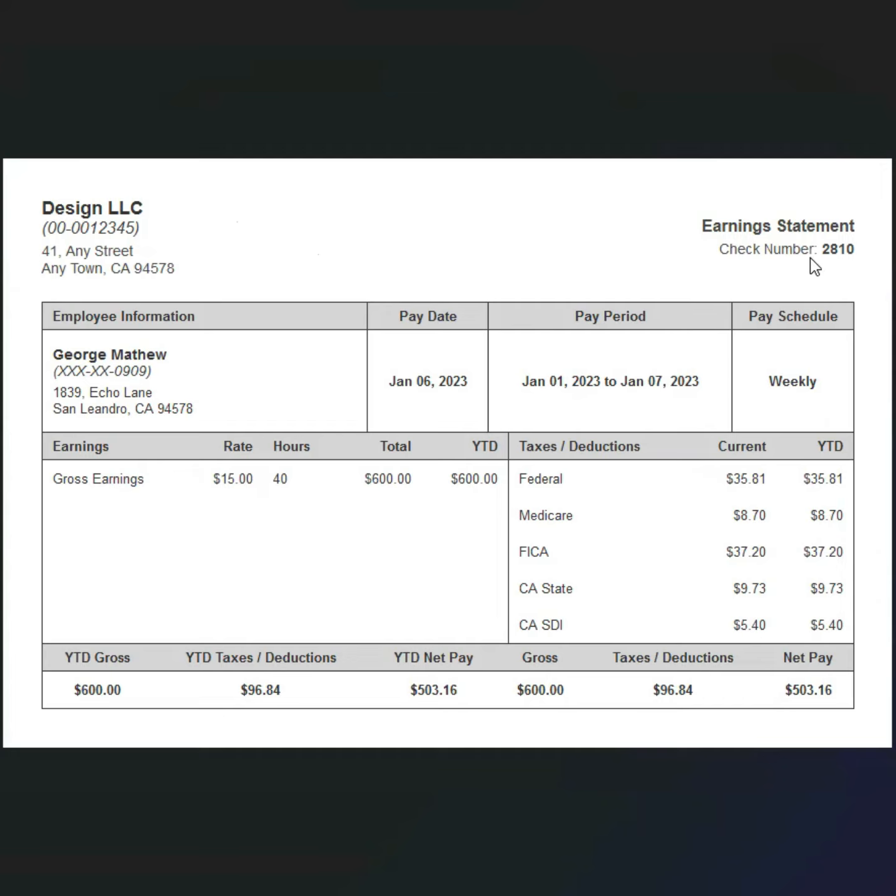It's also going to have a check number, ID number, confirmation number, something like that that's going to identify the documentation. That's for office purposes for that business. It's going to have your name, your phone number, social security number, your address, the pay date you get paid, the pay period from what day you started getting paid to what day that pay period ended.